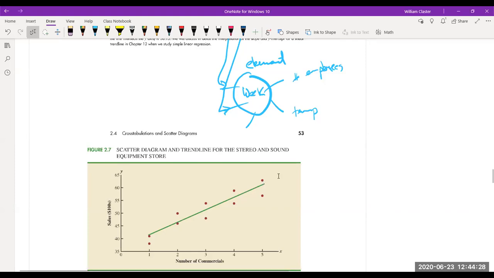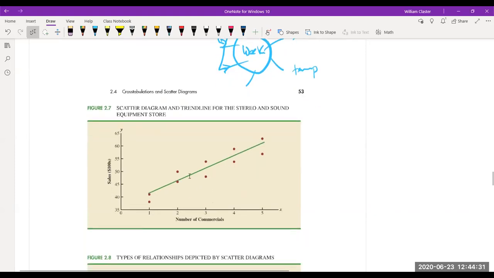Okay, so anyway, that's what we have here. And this is called a scatter diagram. When you have something like this and you have a bunch of dots, that's called a scatter diagram. Okay, does everyone understand this?